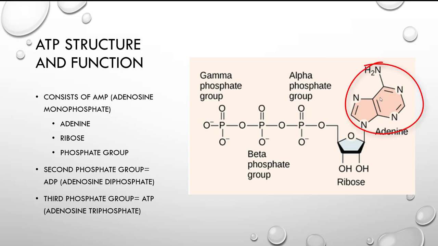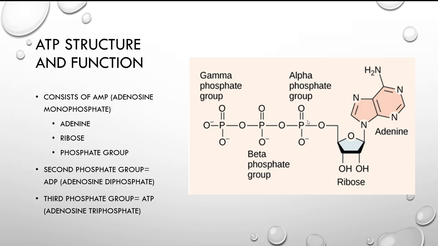Recall from our macromolecules talk, we have our nucleotide that contains a nitrogenous base, a sugar group, and phosphate group. In this case, we have adenine as the nitrogenous base, and you can see that ribose is the sugar. And ribose, hey, that's the same sugar that RNA has, right? So that's that 5-carbon ringed sugar, same as RNA.